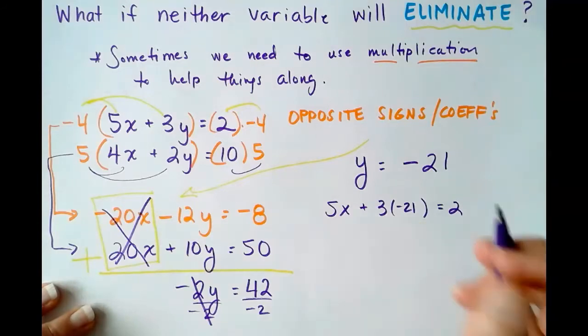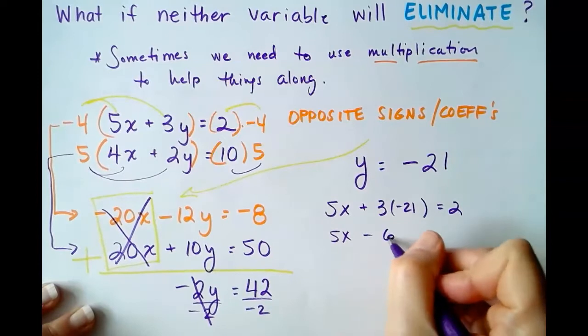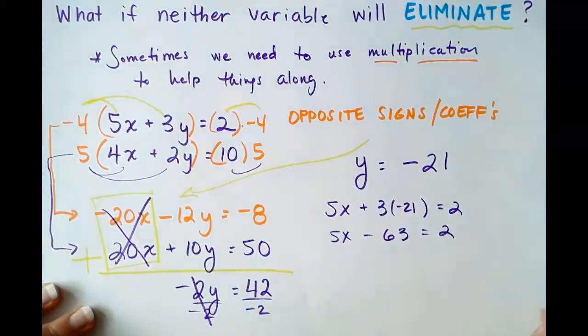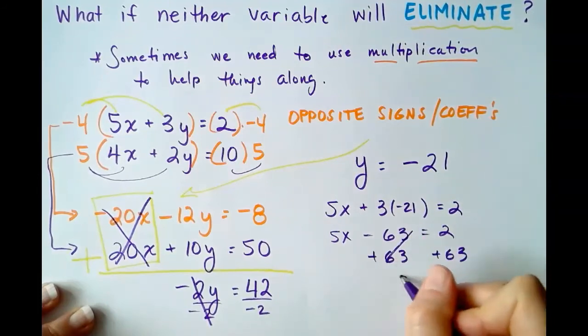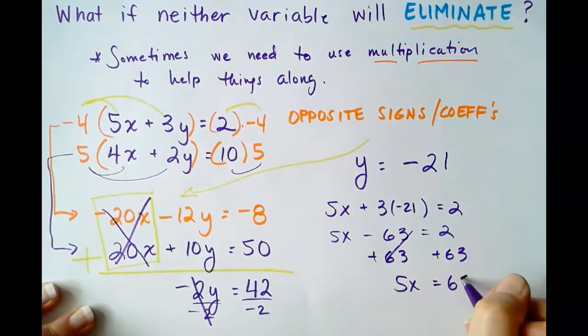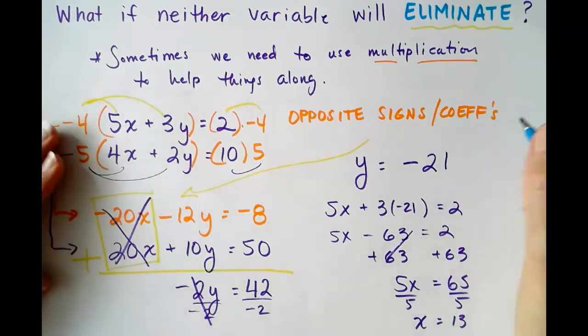Follow order of operations, so multiply first. So 5x minus 63 equals 2, plus 63, plus 63. 5x equals 65. Divide by 5, divide by 5. x equals 13.